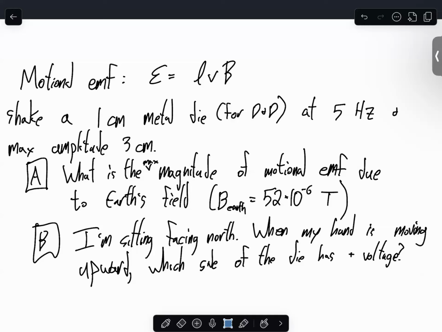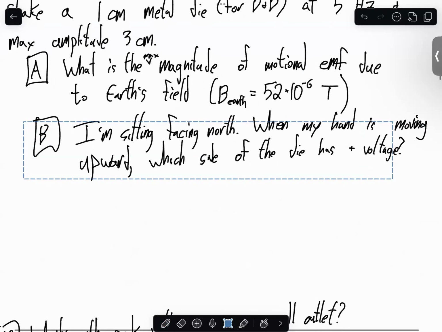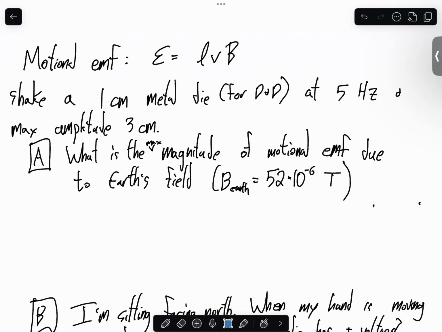Okay, is that enough time? Here's how I tackle this. I know the formula for motional EMF, because I wrote it above, is L V B, or V L B. Remember that?